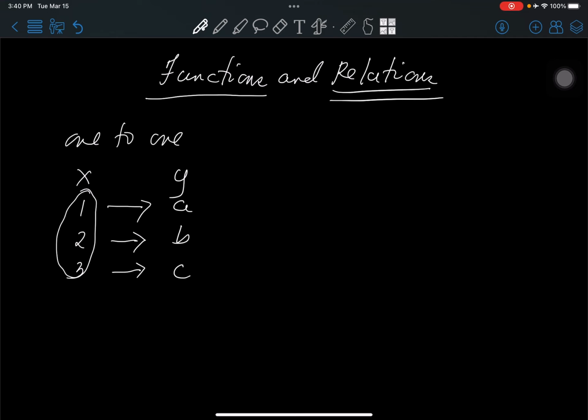So for 1, we have A, down to 3 corresponding to C. So this is a one-to-one correspondence.